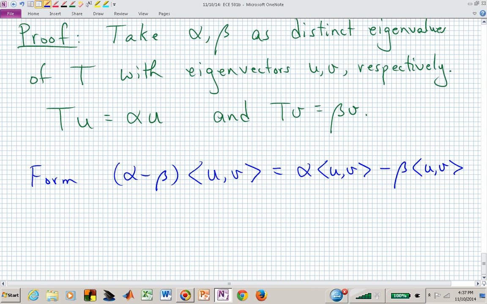And now let's put alpha in the first slot and beta in the second slot as scalars. So that now we have the inner product of alpha u with v, minus the inner product of u with the complex conjugate of beta times v. So now we have beta star v.